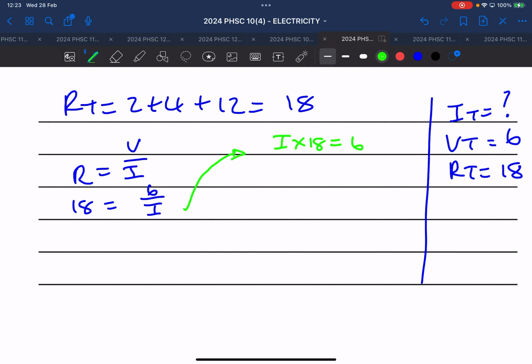What by what? Karabu, this is the same as 18 over 1 is equal to 6 over I. How will you solve this problem?